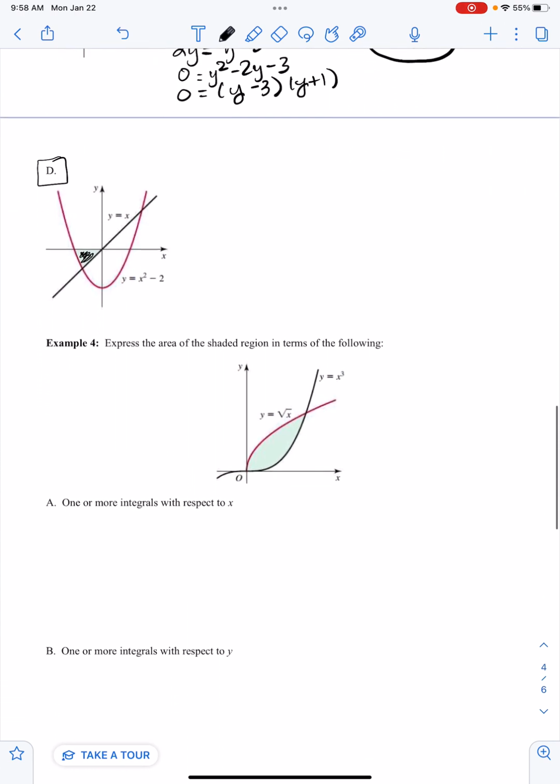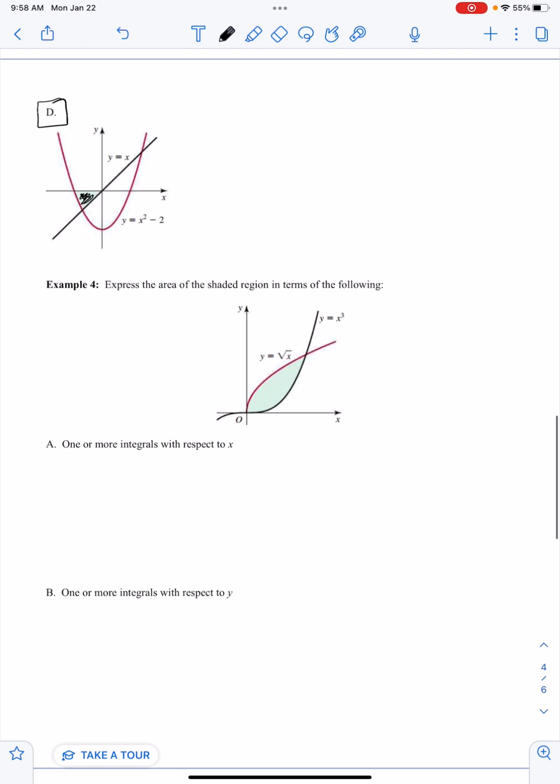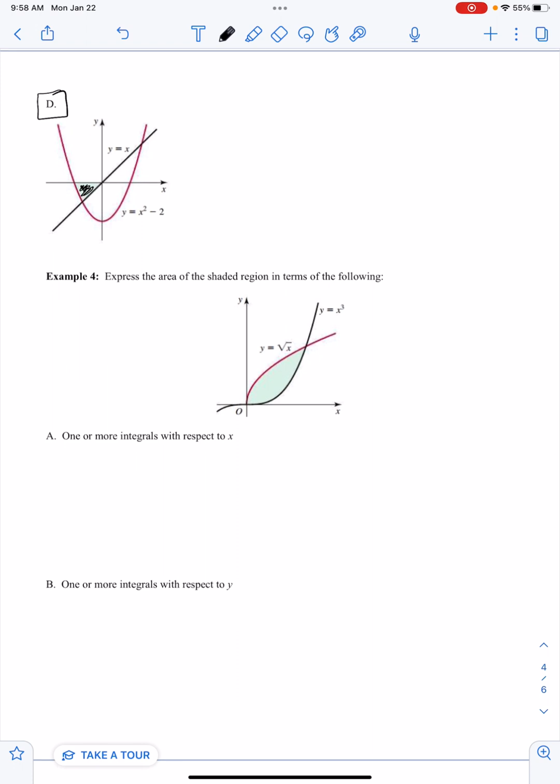All right, the last example that I'm going to do for you today in a video is example 4. This is very similar to how we started with examples 1 and 2, where we're going to express the area of the region in terms of x and y both, so we know our answers are going to be the same once we're done.